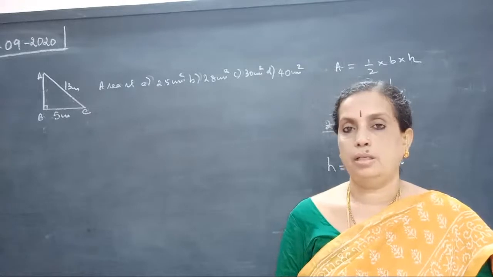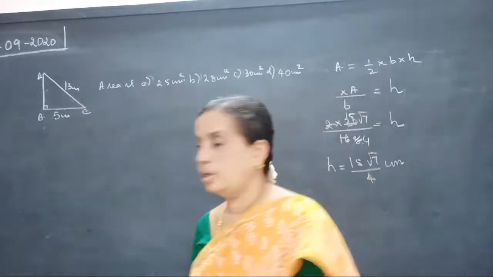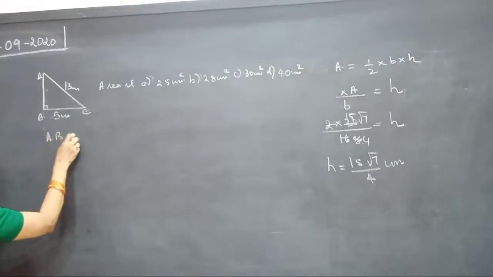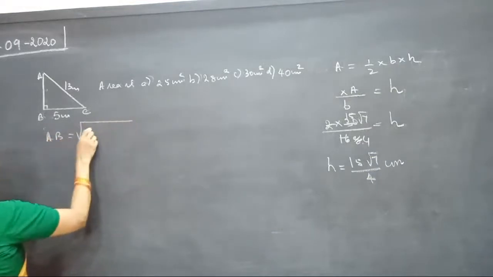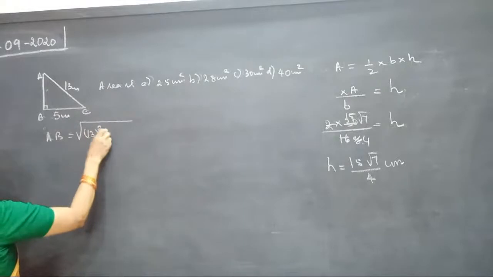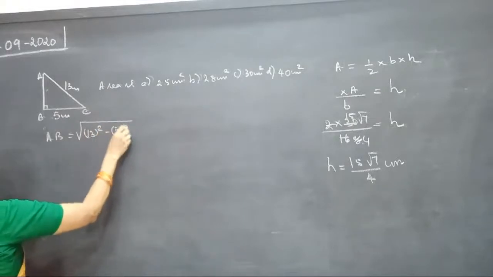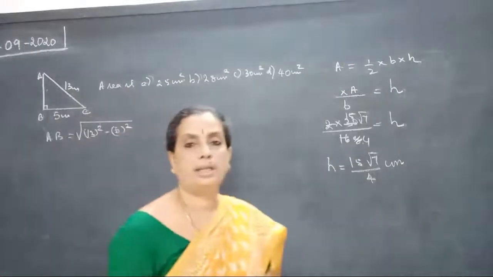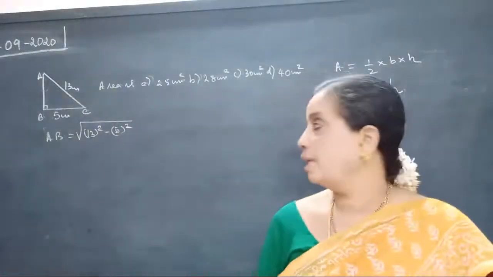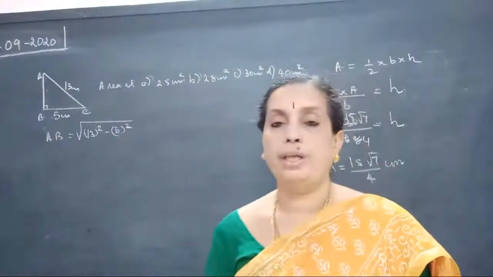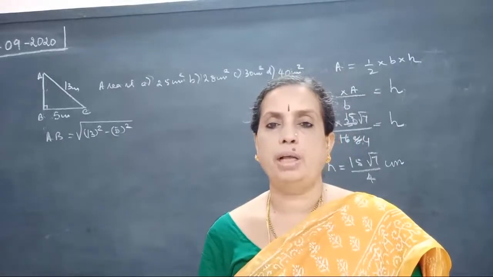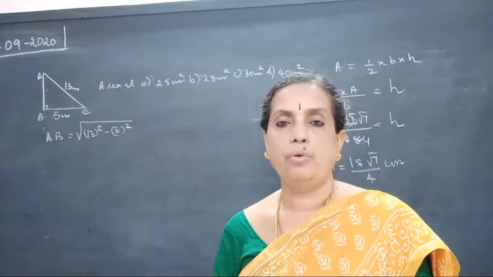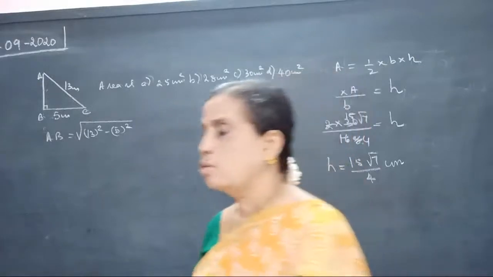Got the answer? Applying Pythagoras theorem, we can get AB equals root of 13 square minus 5 square. 13 square is 169. 5 square is 25. 169 minus 25 is 144. Its root is 12.